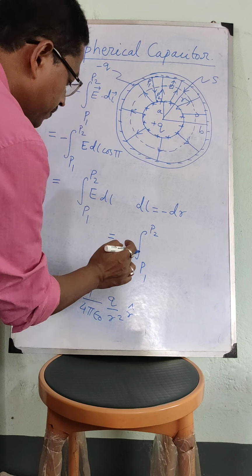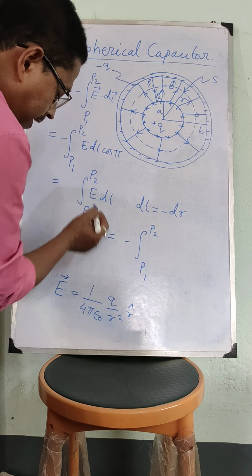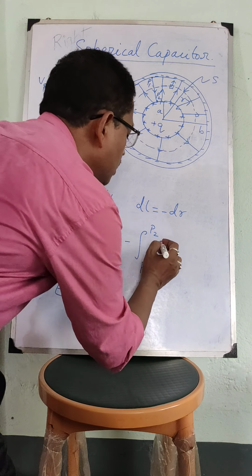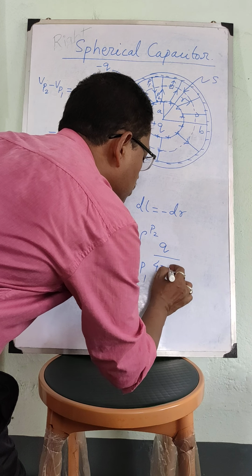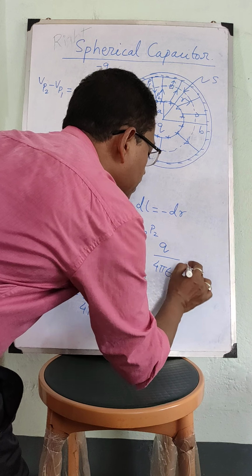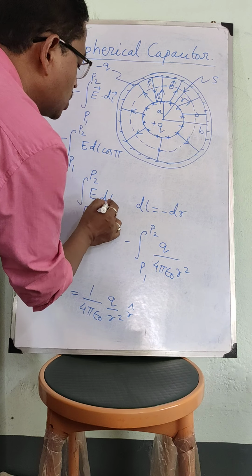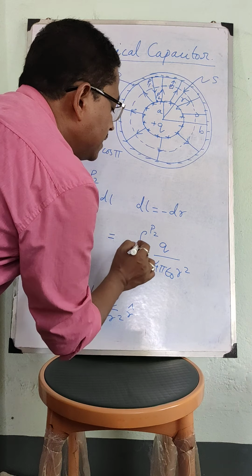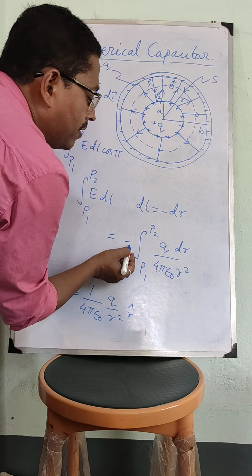Now, in place of E, I can put this expression, Q by 4 pi epsilon 0 r square. Then in place of dl, I will write dr, and this minus sign I have written here.